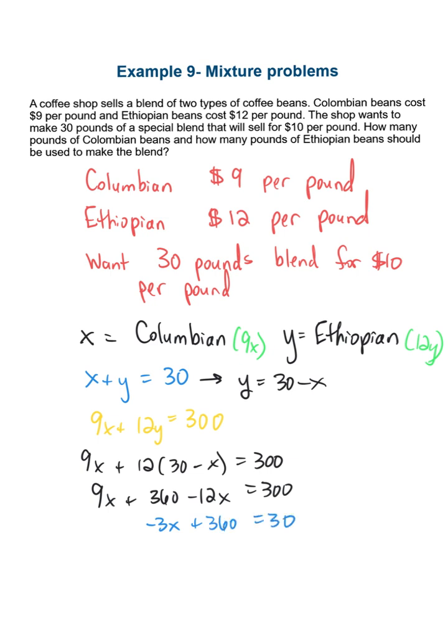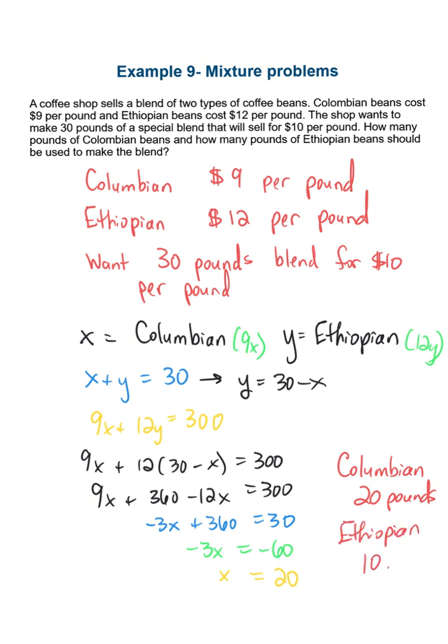Subtract 360. Divide by 3. X equals 20. So then when you go back up here, you know that the Colombian amount would be 20 pounds. Ethiopian amount would be 10 pounds.